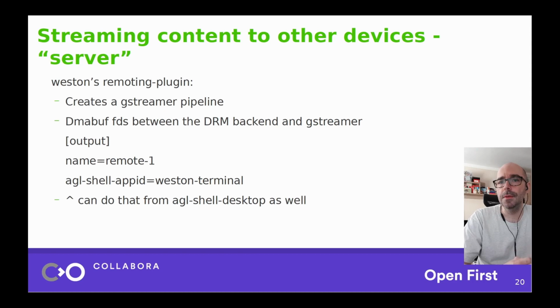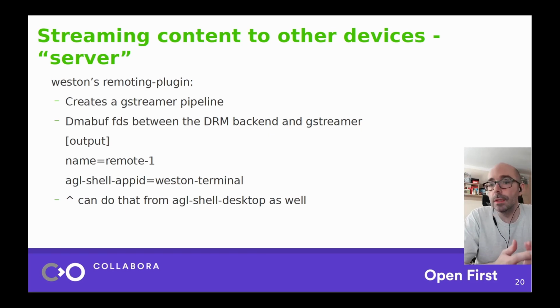Here on the slide you see, incorrectly, we should have remote output rather than just output. It's a section entry in the compositor ini configuration file where we tell it to create an output called remote one, and we use a special section entry called AGL shell app ID to place that application ID, like the Weston terminal, on that specific output.